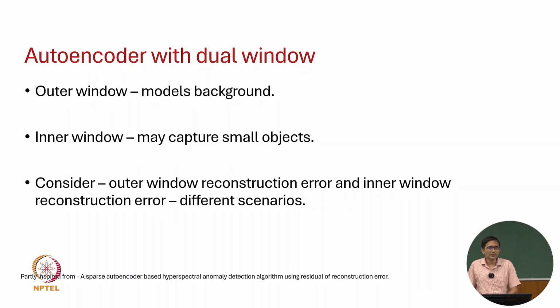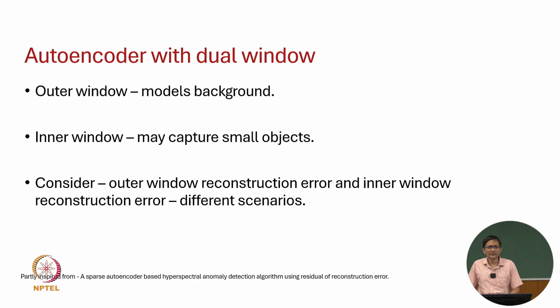Now think about the reconstruction error of the outer window autoencoder, the reconstruction error of the inner window autoencoder, and consider different scenarios arising out of it. So how many scenarios could arise? Reconstruction error can be small, let's say, right?